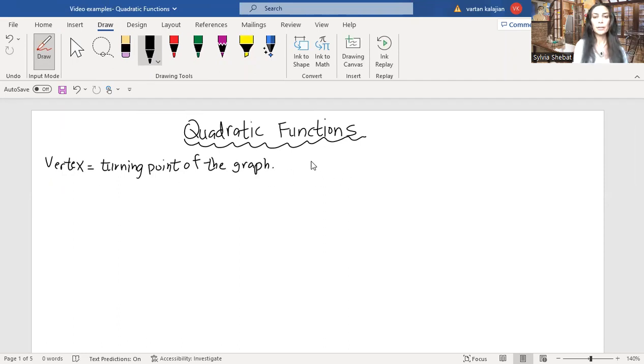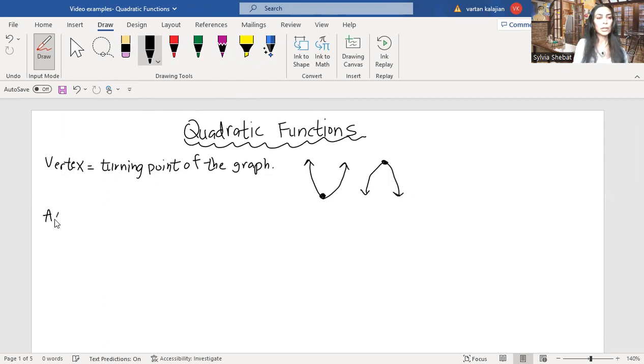For example, when you have a parabola facing upwards, the vertex is right here, and when the parabola is facing downwards, the vertex is up here.